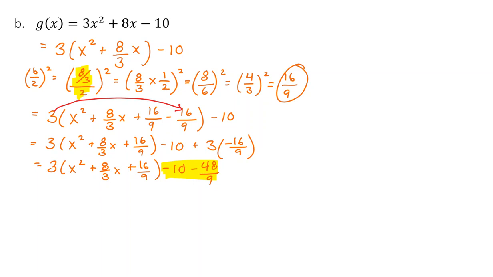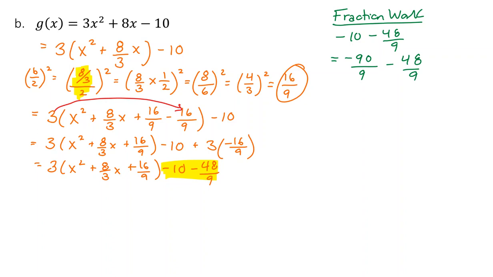If you find a common denominator amongst these, so I'm going to just do some fraction work up here. Negative 10 minus 48 over 9. Well, the common denominator is going to be what? Well, you can just simply make it 9, and this becomes negative 90 over 9 minus 48 over 9.